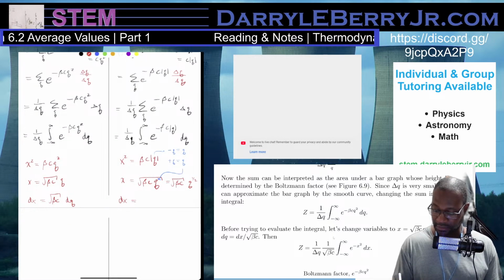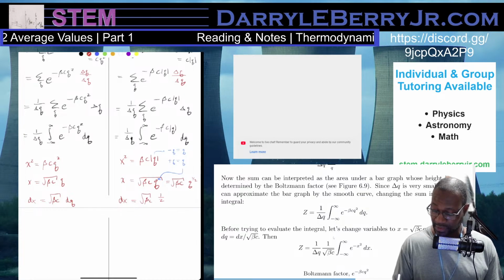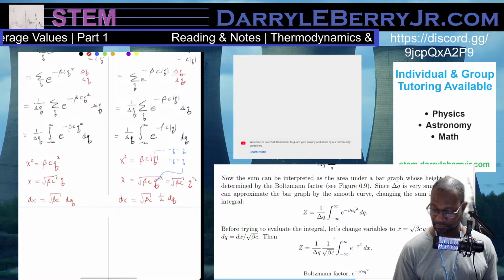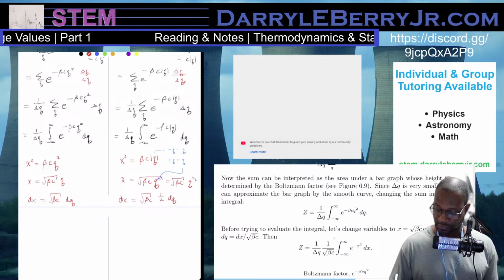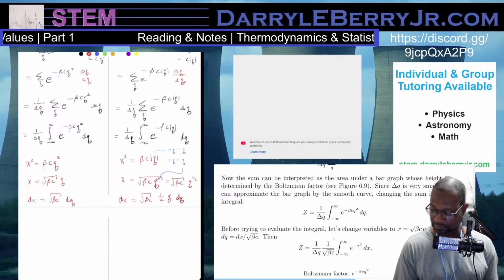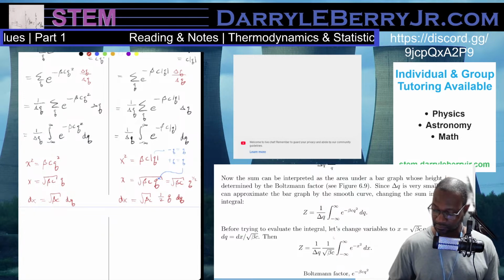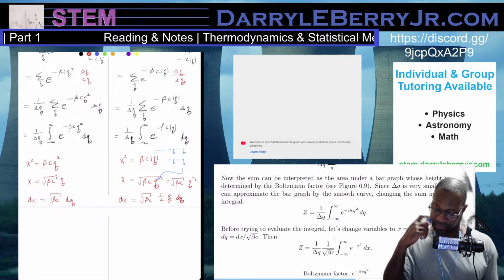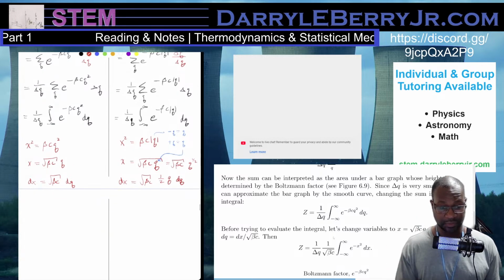So dx equals square root of bc times 1/2 q. This should be 1/2 q dq, using the chain rule. Yes, this is definitely it. Well, let's keep going and see what it does.